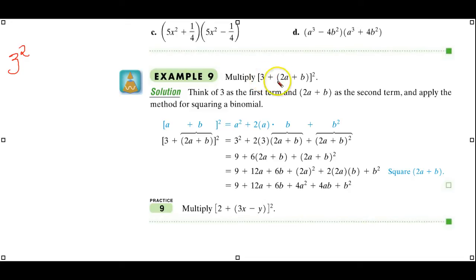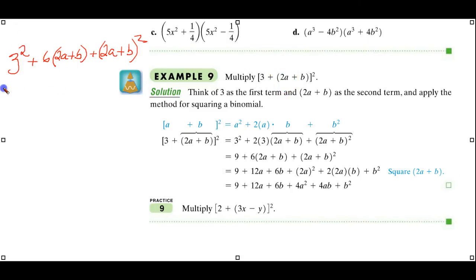So it's 2 times this, and then double it. So this is going to be 6 times this. And then we're going to square this. And then looking at it this way, it's rather easy.